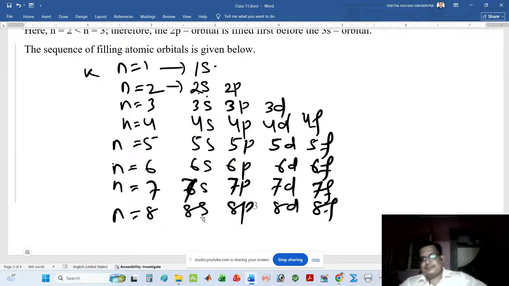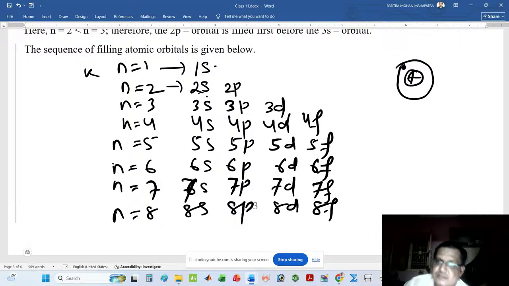Look at that. Already we know that electrons are present around the nucleus. This is the nucleus. The electrons are present around the nucleus. This is your cell. Already in the 9th and 10th class, we learned about electronic configuration according to the cell.